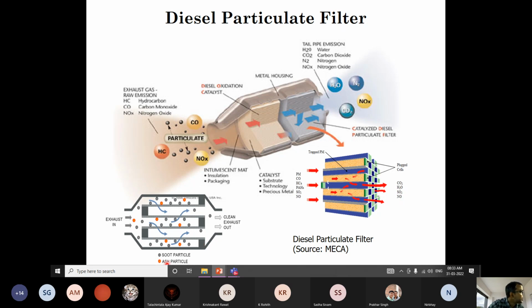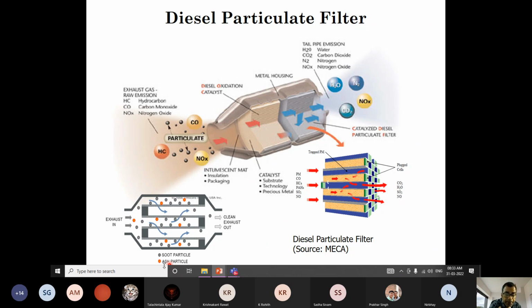Now regeneration of the DPF is another technical challenge, and there are different ways that people are using. It needs a high temperature. So sometimes people pass microwaves through it, or they heat the DPF electrically.